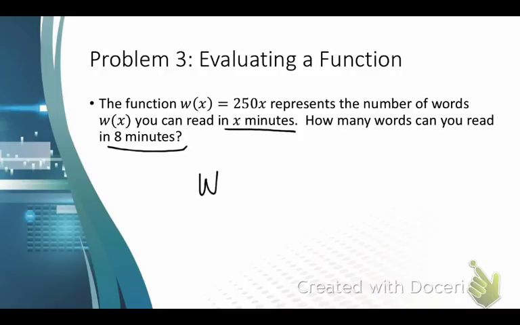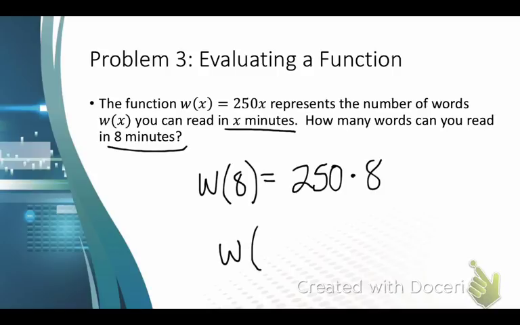So my w, my words, with 8 minutes is going to be 250 times 8. So when I do 250 times 8, I get the w of 8, or the function with an 8 plugged in, gives me the value of 2,000.